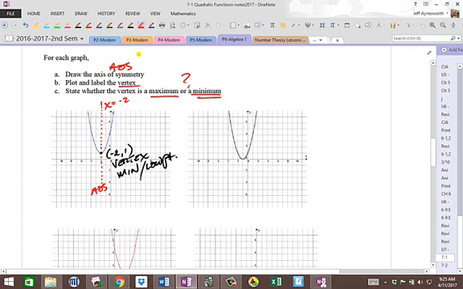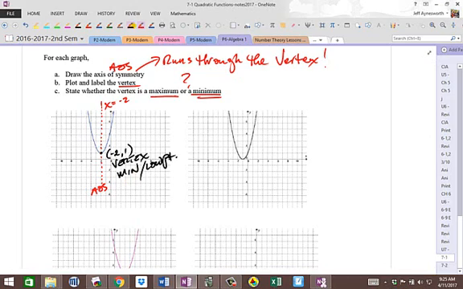What we want to do is identify the min or max, identify the vertex, label it, and draw the axis of symmetry, which always runs through the vertex. Then determine if it's a low or high point. If it's a low point, you call it a minimum. If it's a high point, you call it a max.